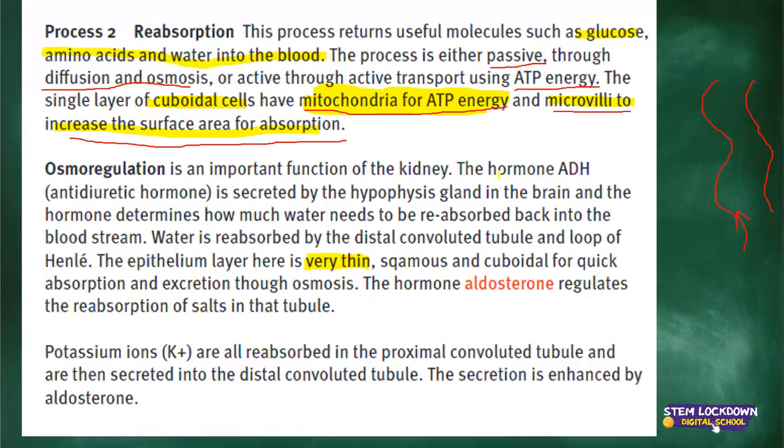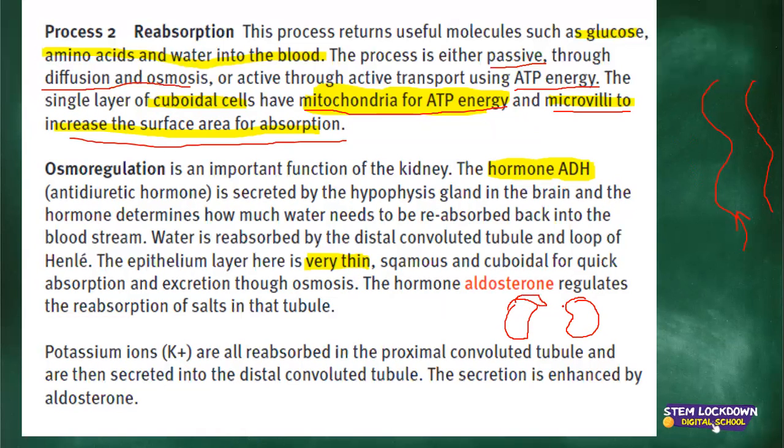We've got ADH. It's mainly secreted in the brain, right? Yes, but in the brain, it would send a message to the adrenal glands. Remember when I showed you the kidneys, two kidneys here, at the top you've got adrenal glands.